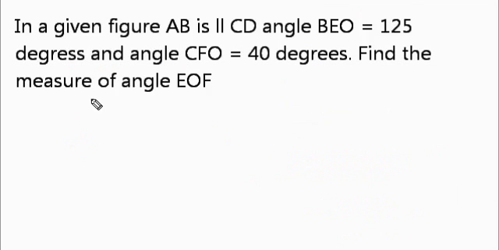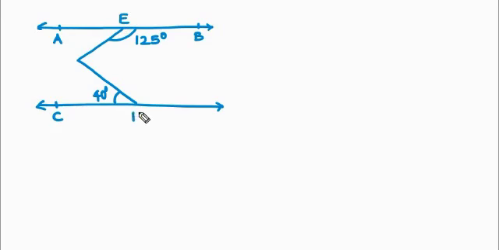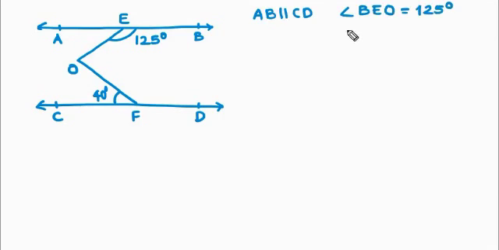Let's do one more. In the given figure, AB is parallel to CD, angle BEO is 125 degrees and angle CFO is 40 degrees. Find the measure of angle EOF. So givens are... and we have to find the measure of angle EOF.